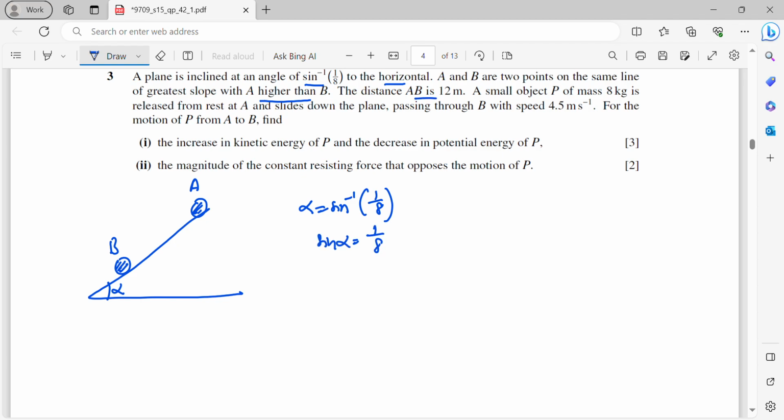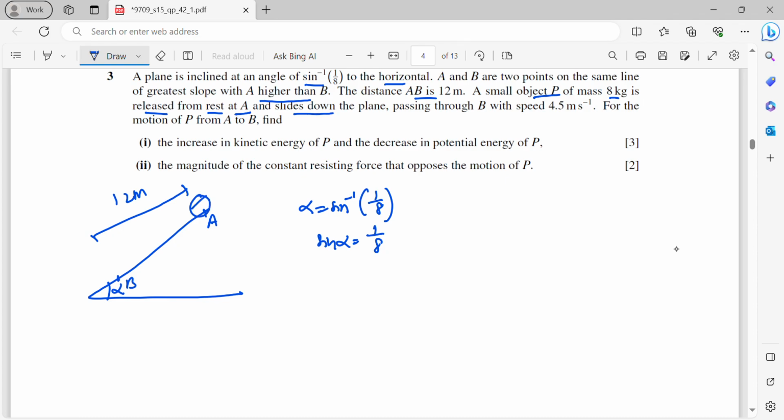Now, the AB distance is 12. So this is 12. A small particle, sorry, I should not draw particles here. It should be just the distances. Here is A, here is B. A particle P of mass 8 kilograms is released from rest at A and slides down the plane.